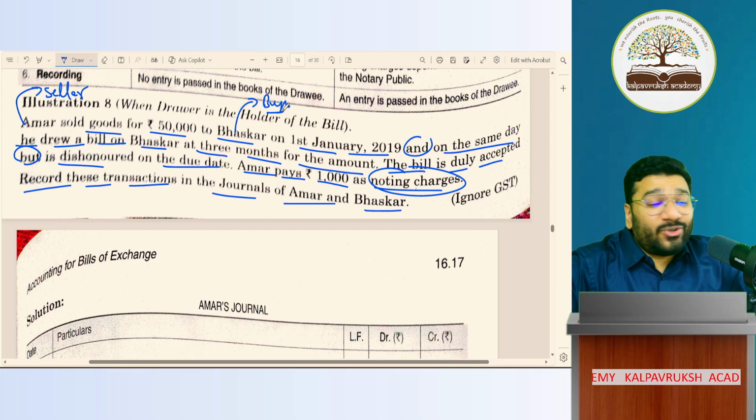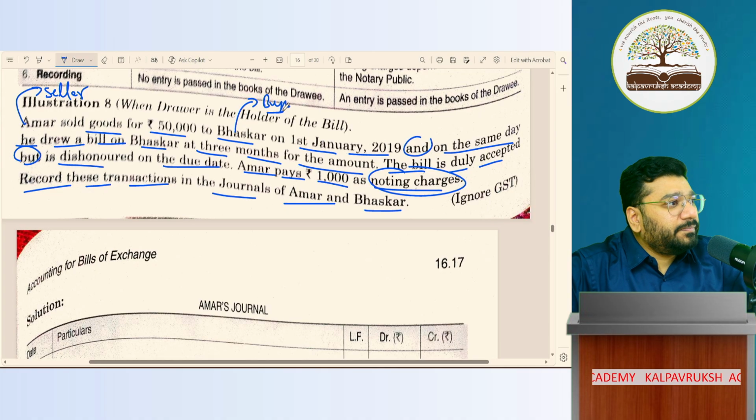Who is the issuer of the bill? Amar. Who is the payee of the bill in this case? Amar only, because Amar is going to hold this bill till maturity. Who is the acceptor of the bill? Bhaskar. Clear so far?